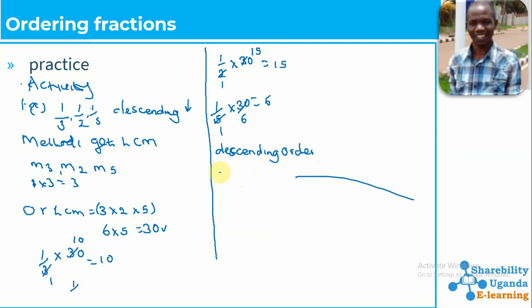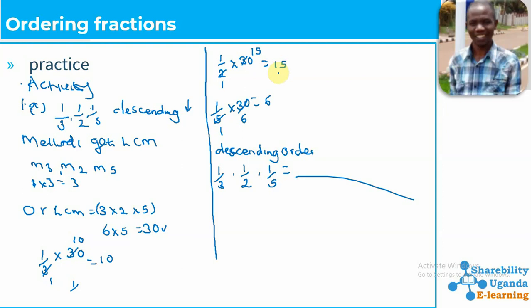So now our numbers, which were 1 out of 3, then 1 out of 2, then 1 out of 5, are going to be equal to our biggest number, which is what?